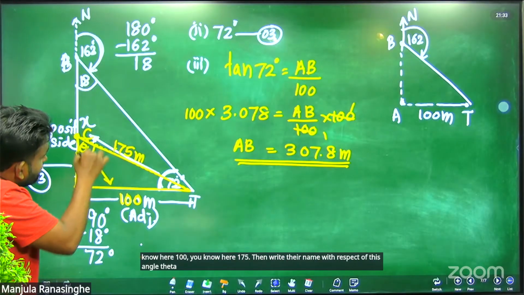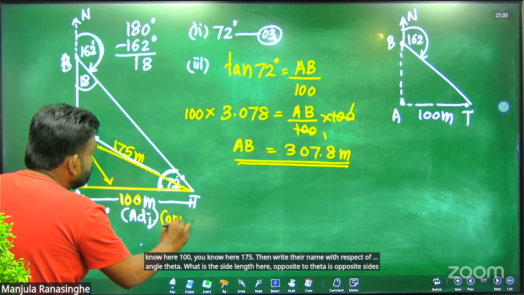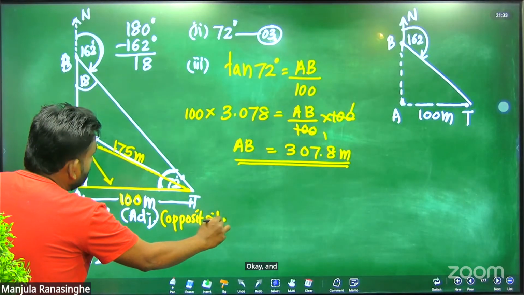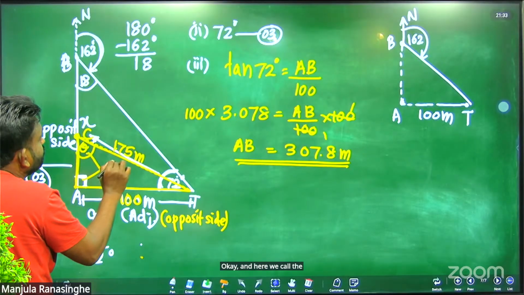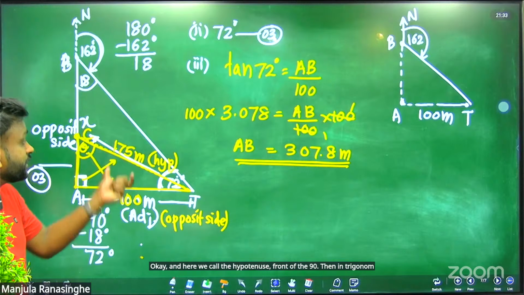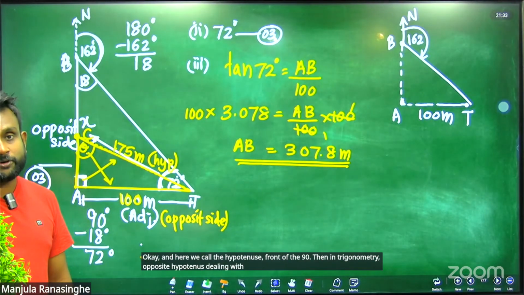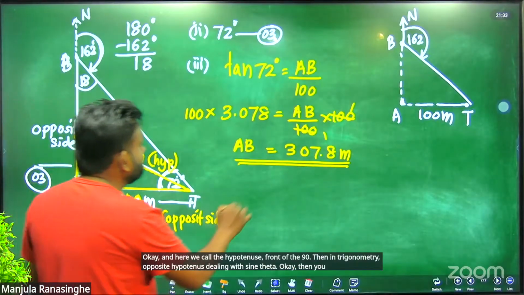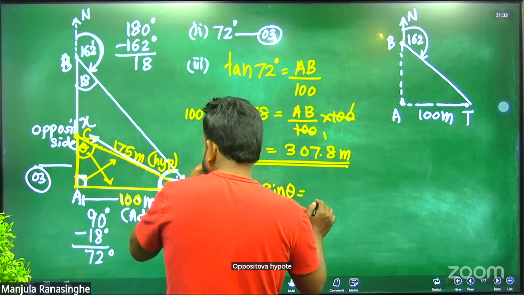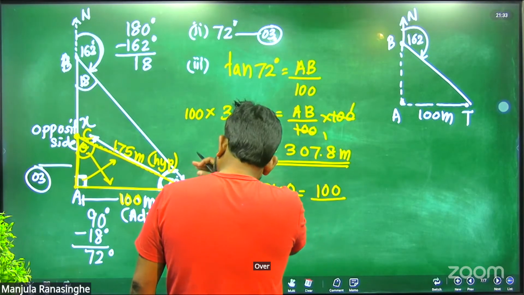The side opposite to theta is the opposite side, and here, in front of the 90 degrees, we call it the hypotenuse. In trigonometry, opposite and hypotenuse deal with sine theta. So apply sine theta equals opposite over hypotenuse. Opposite is 100 over the hypotenuse.